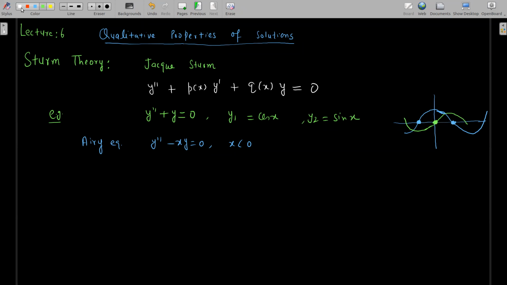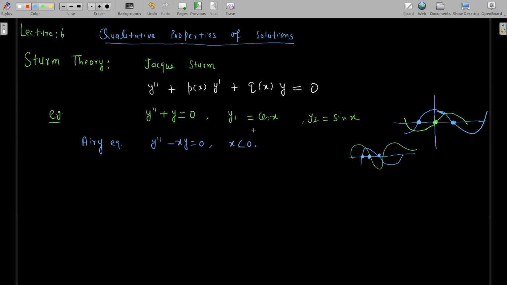Now looking at this, if you try to solve this equation or try to talk about the behavior of solutions, can you say that this equation also has the same kind of solutions which vanish? Whatever the solution is, suppose this is one solution and this is the other solution. If one solution has two roots, will the other solution have one root in between?